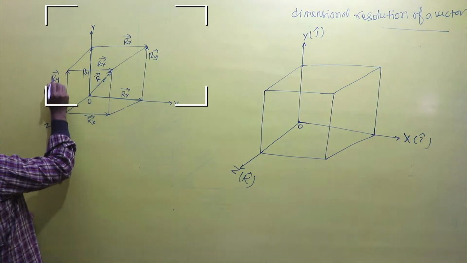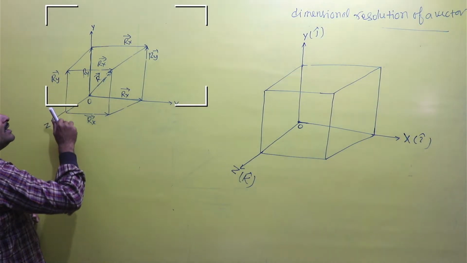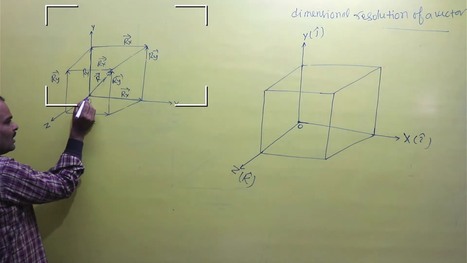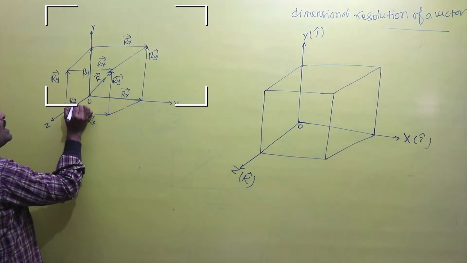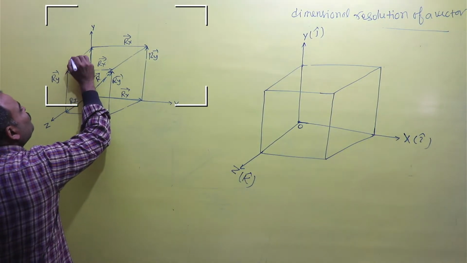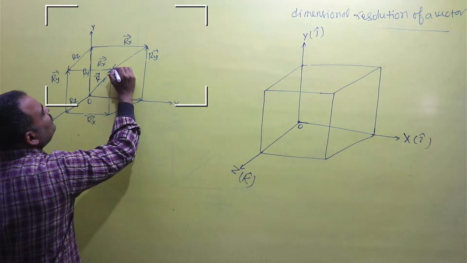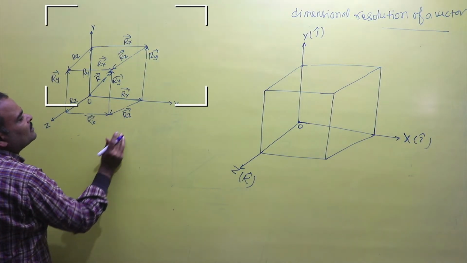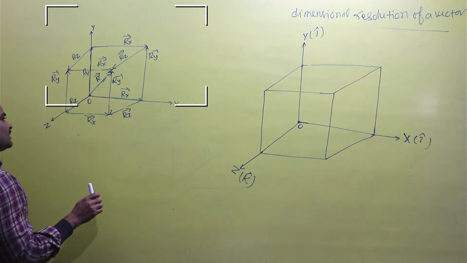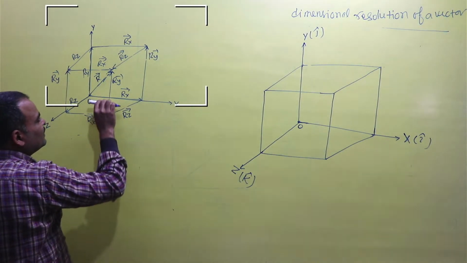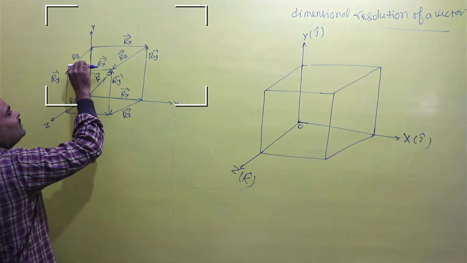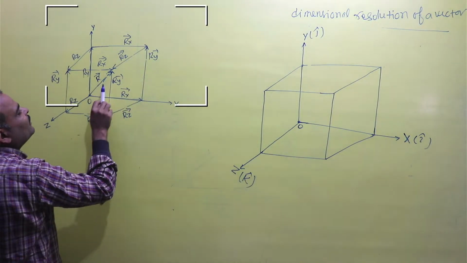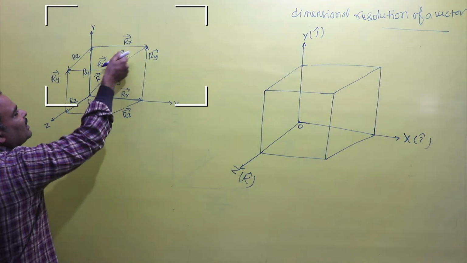This will be ry along the direction, and in the opposite direction it will be negative. And this component called rz. So first of all, we should understand rx, rx, rx, rx, ry, ry, ry, ry, फिर rz, rz, rz और rz.